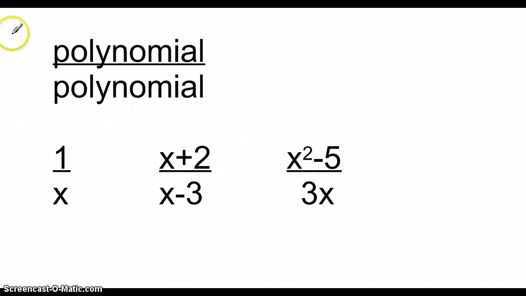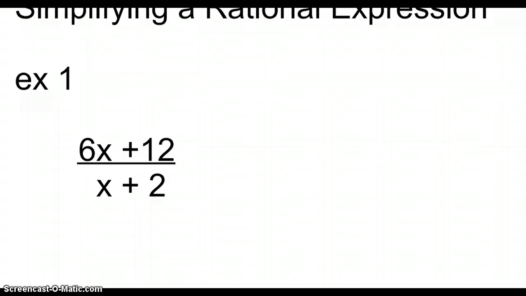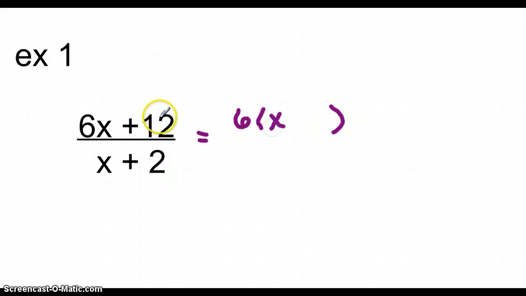So let's take a look at the first example. In a problem like this, if they want us to simplify this, we're going to look for a common factor. Now if I look in this top, I can see that a 6 would go into both of those. So if I was to rewrite this, if I divide this one by 6, I'll be left with x.